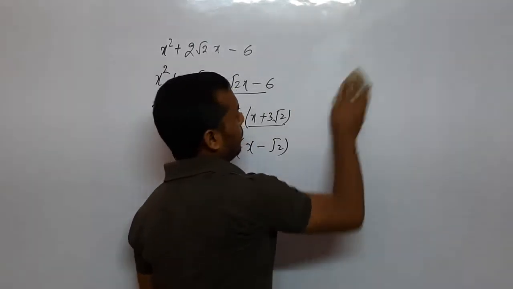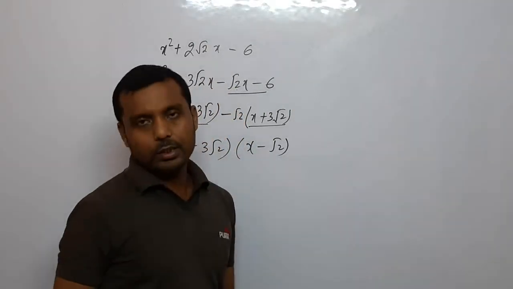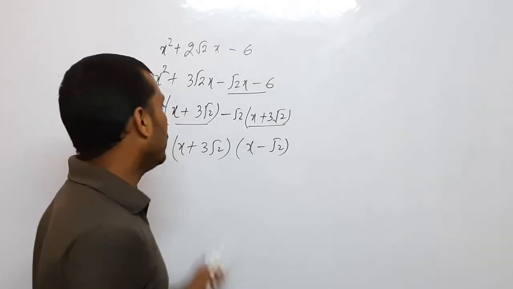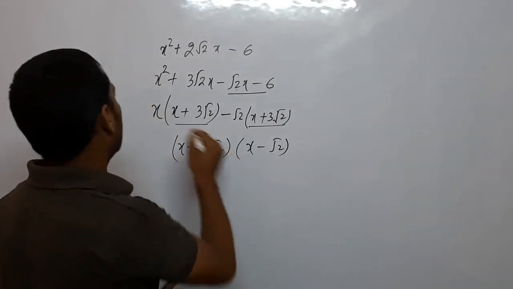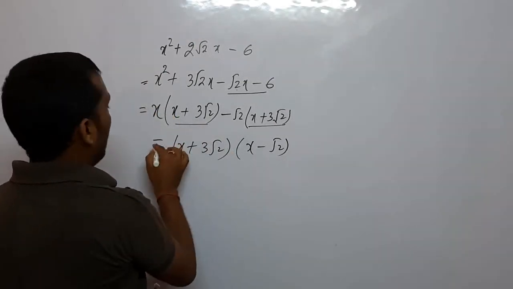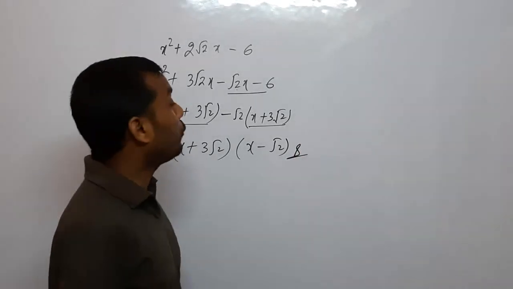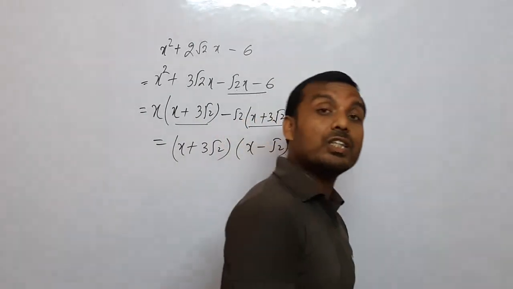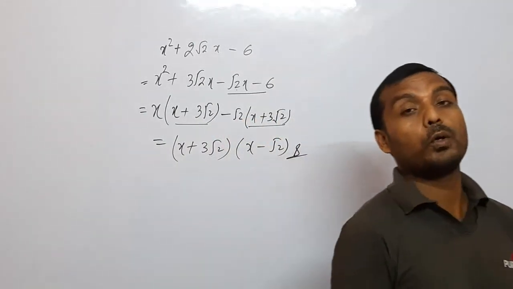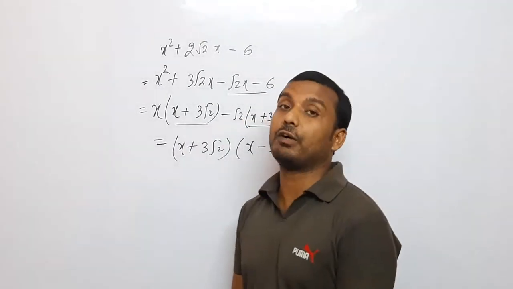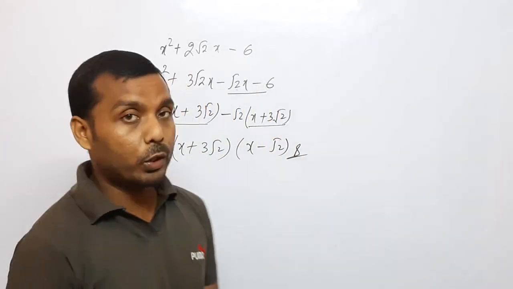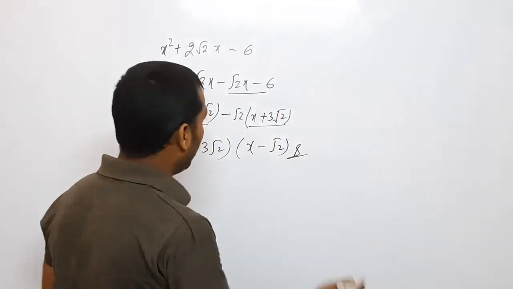We have completed the factorization. If you are told to factorize the term, you process till here itself and your task is completed. Okay? But when you are told to find the zeros, or the value of x using the factorization method, what will you do? Nothing to worry.